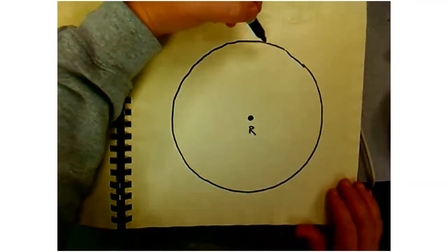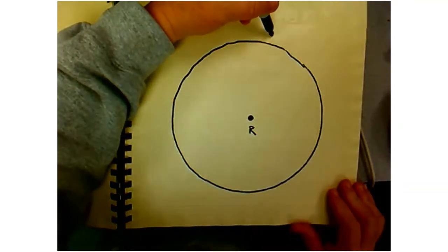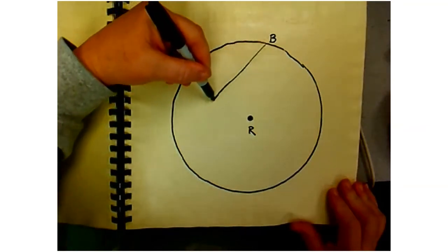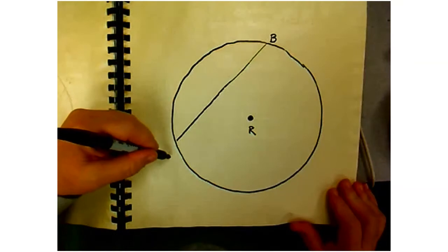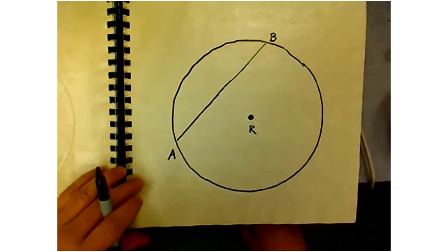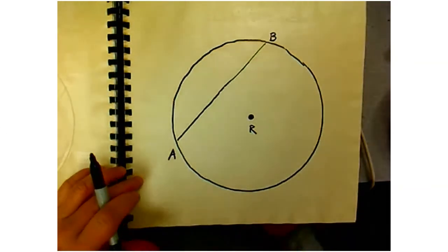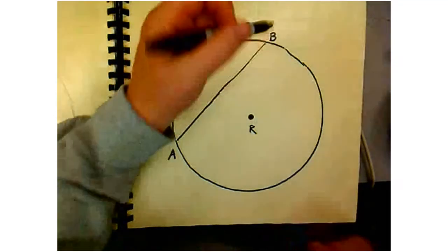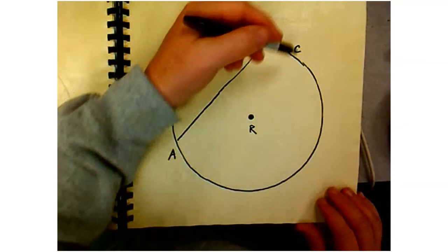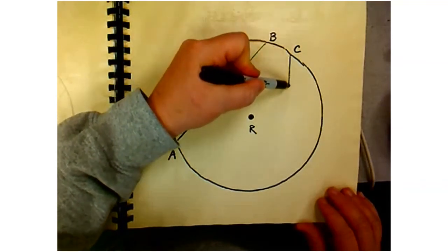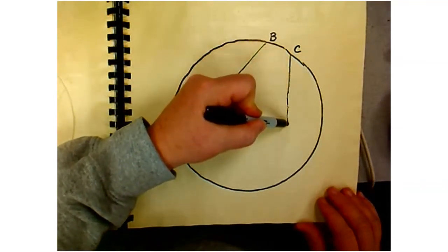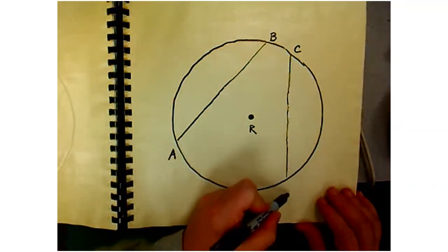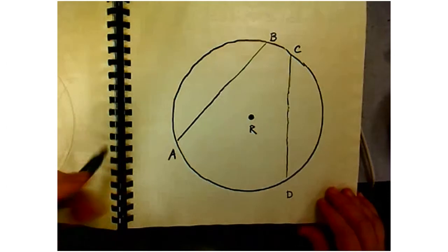And just past 12 o'clock is point B. And that goes at an angle to about 8 o'clock at point A. So we have a chord AB there. And then at about 1 o'clock is point C, and it goes straight down to about 4 o'clock, more like 5 o'clock, at point D.